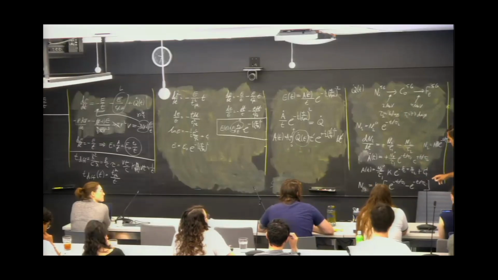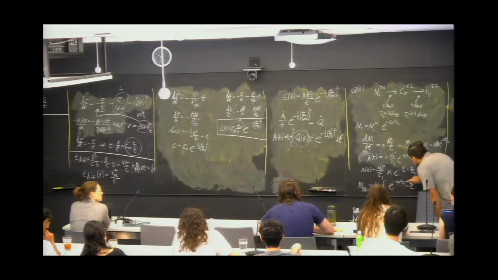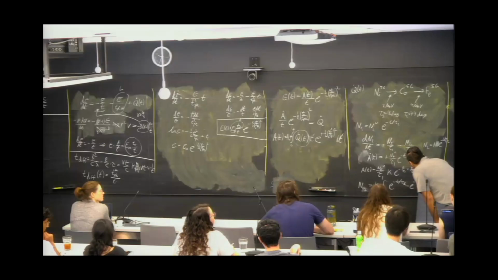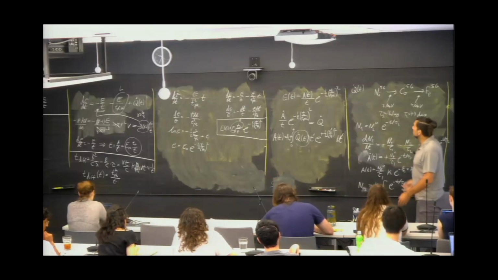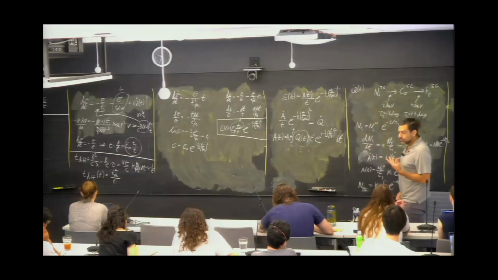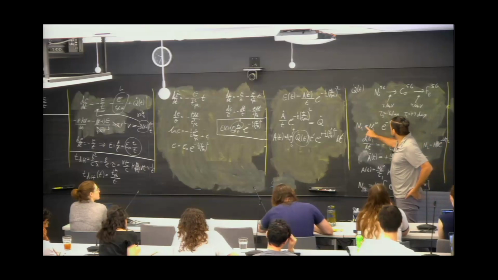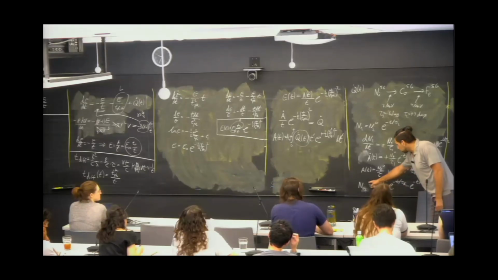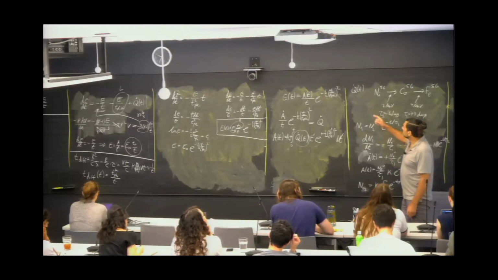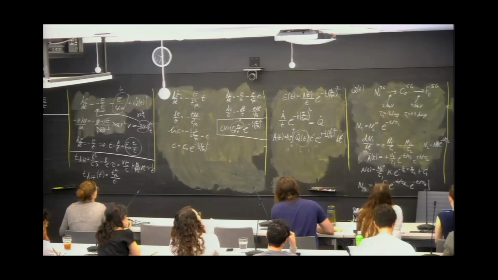And for our case, because tau 2 is longer than tau 1, it's better to write it the other way around with the signs. The signs can be absorbed into the coefficient. So if you want to know now the heating rate, Q dot, you just have to multiply the number of atoms you have of the nickel as a function of time by the rate of energy emission by nickel, and the number of atoms you have of the cobalt by the rate of energy emission per decay of cobalt.